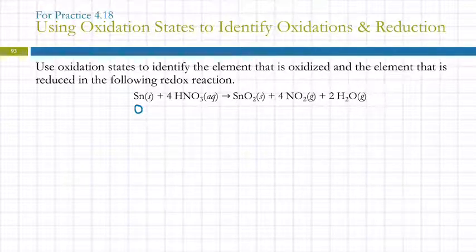Is that ionic? Yeah, it is. Can we identify the charges? Yeah, oxygen in an ionic compound is O2 minus. And based on the sum of the charges, the tin must be 4 plus. So the oxidation states here are the same as the ionic charges. So tin is +4, oxygen's -2.